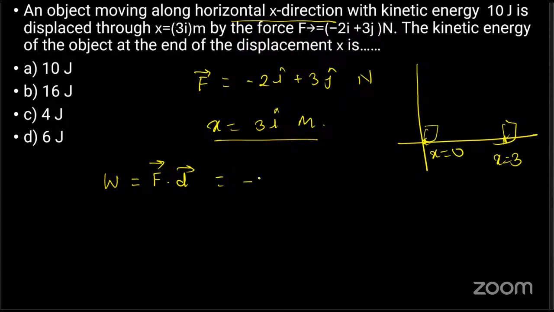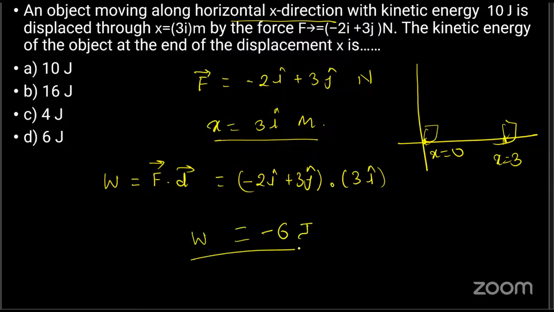F vector is given by minus 2 i cap plus 3 j cap, dot product with 3 i cap. So only i and i component will multiply. So it will be minus 6 joule. So work done is coming out as minus 6 joule.